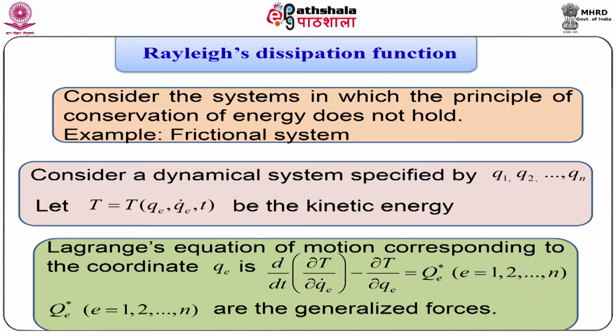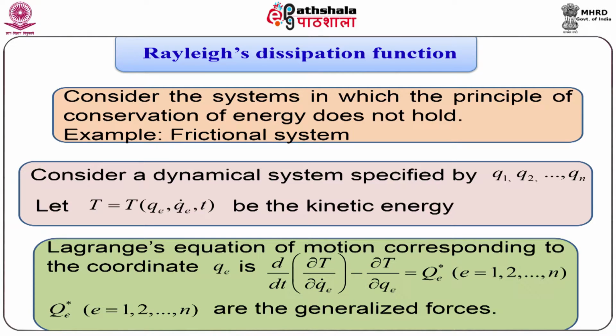We have already obtained Lagrange's equation of motion corresponding to the coordinate qe, which is given by d/dt of (∂T/∂qe dot) minus ∂T/∂qe equal to Qe star. This equation is valid for e equal to 1, 2 up to n.